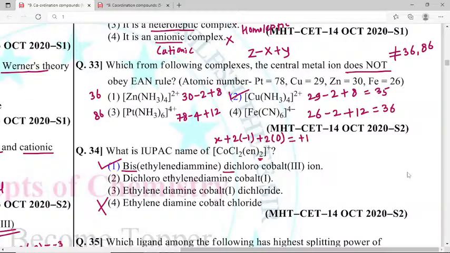So solving this: X minus 2, 2 into 0, that's 0, is equal to plus 1. So X is equal to plus 3. Get it? So plus 3 is your oxidation state. Option number first is correct.